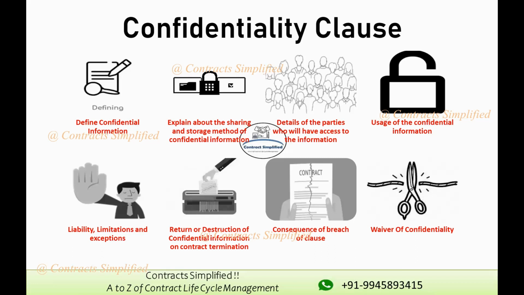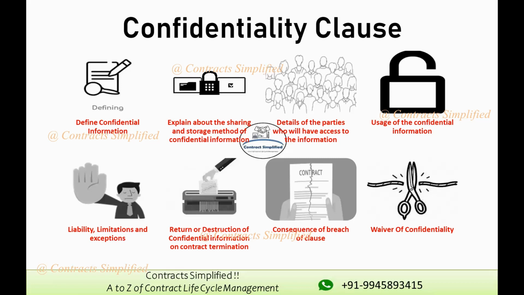For example, if there is a statutory order asking for information that is considered confidential, then it becomes a ground for the other party to share the same. So if there is any statutory order, the person cannot say, okay, this is confidential information as per the agreement and I will not be able to disclose. That will not be the scenario. So you have to mention what exceptions are to be provided for disclosure of confidential information.